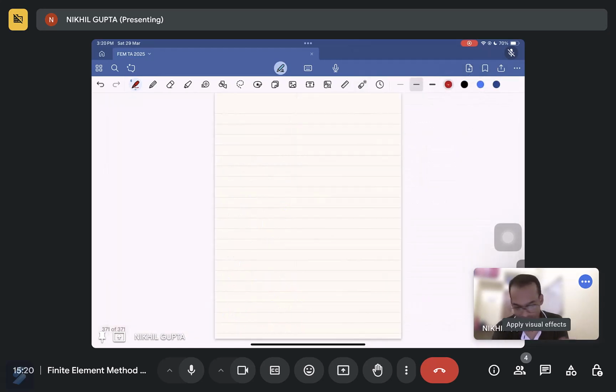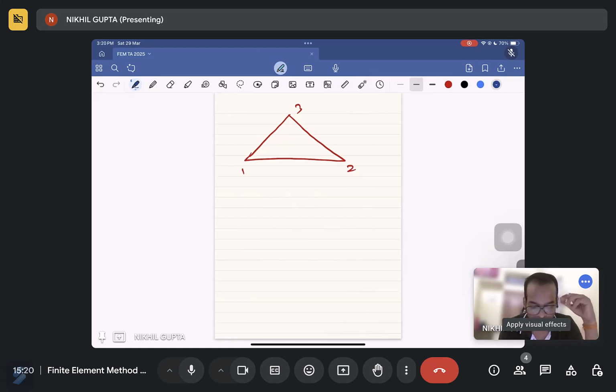So, one question. This is 1, this is 2, this is 3. Tell me the shape of N1, how it will be. Like in 1D we have drawn it, what will be the shape of N1 in this constant strain triangle?